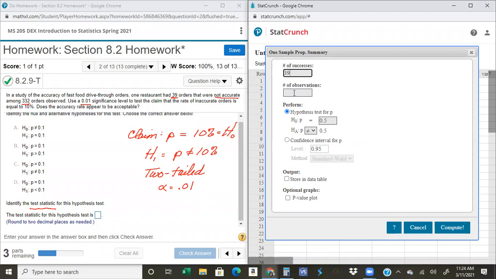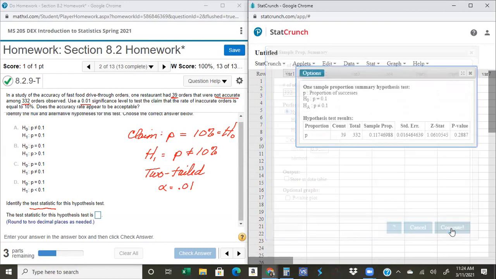So you put in the number of successes here is 39 out of 332. The hypothesis is that P is equal to 0.10. It automatically fills in the alternative. Our alternative is the not equal to. Compute.